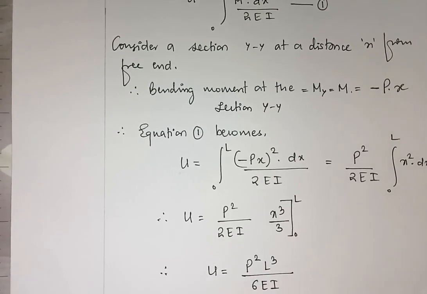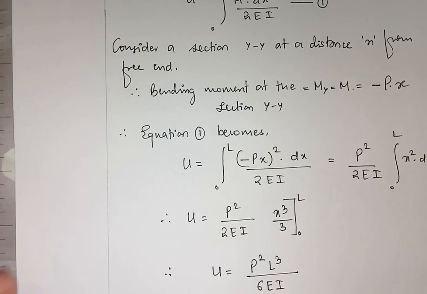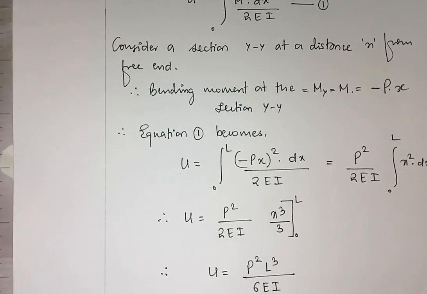We will be getting this value. So this is the expression for strain energy in case of a cantilever beam subjected to point load at its extreme free end. Now you are knowing the value of P, L, I and E, so you can easily calculate the value of U. You directly substitute things and you calculate.